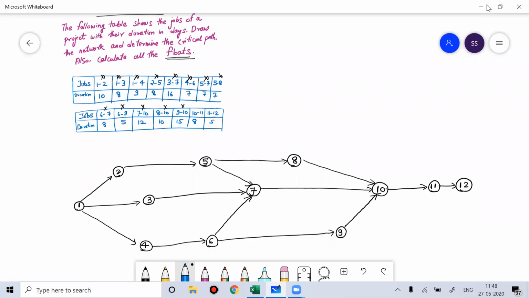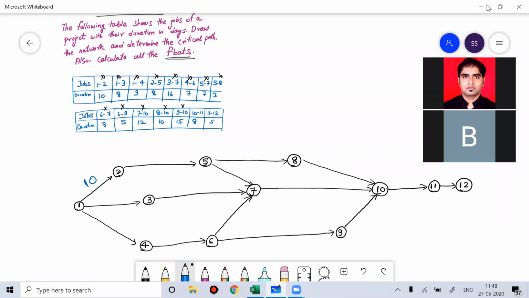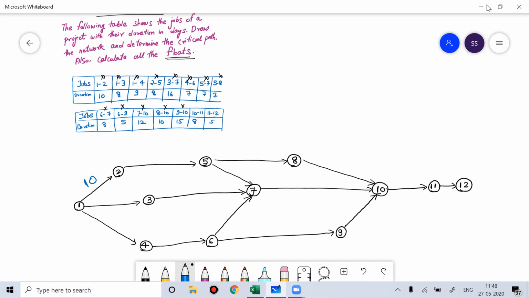Writing the times: 1 to 2, the time is 10. 1 to 3, the time is 8. 1 to 4, the time is 9. Then 2 to 5, time is 8. 3 to 7, time is 16. 4 to 6, time is 7. 5 to 7, the time is 7.